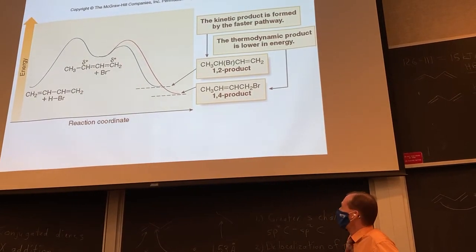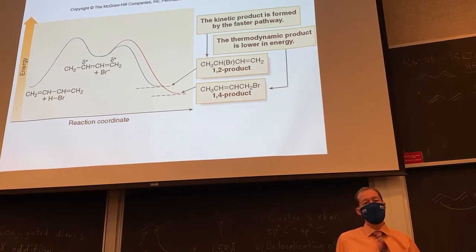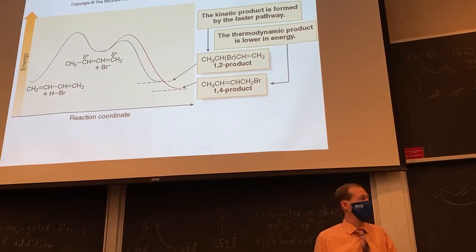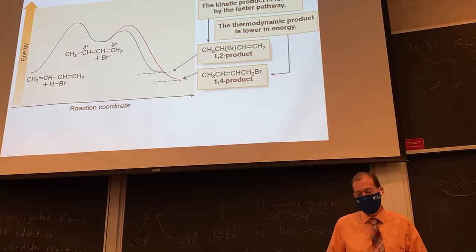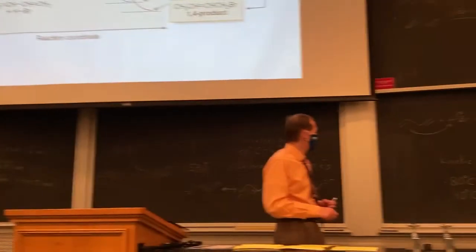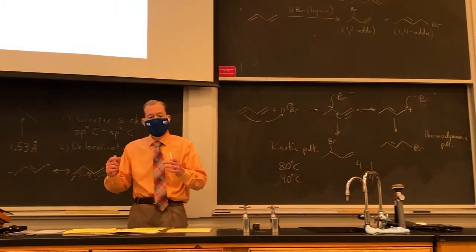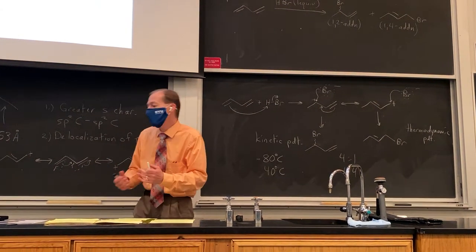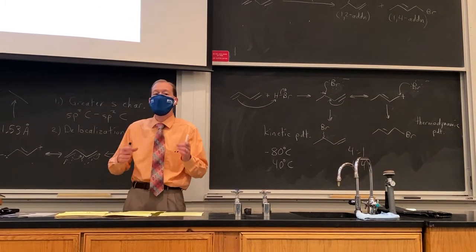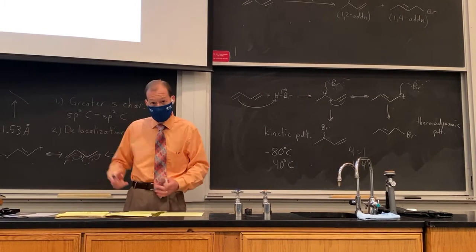It's important to note that that product is formed faster regardless of the temperature at which you run the reaction. When we run the reaction at 40 degrees, in the beginning seconds or maybe even minutes of the reaction, the 1,2 product is the major product.